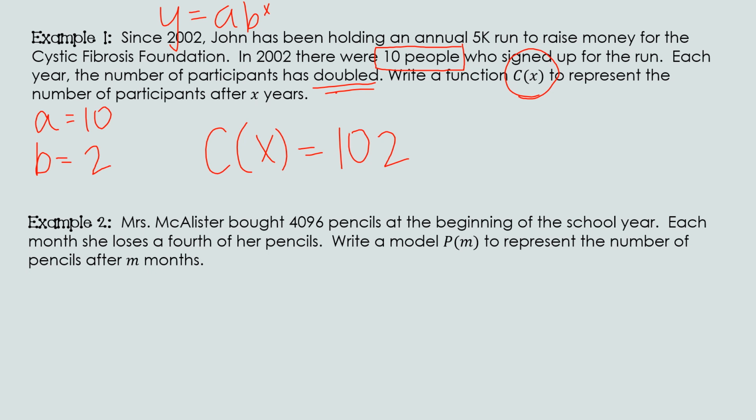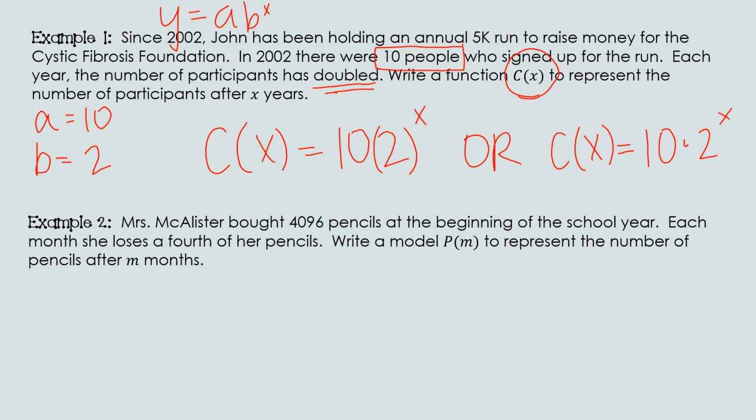So for multiplication in math, we can put parentheses, so 10 times 2, and then to the x power. Or sometimes you might see it just with a multiplication symbol. So we could also write 10 times 2 and then to the x power. Either way is acceptable, and in a multiple choice question, on the milestone, on our Illuminate assessments, you could see it either way.